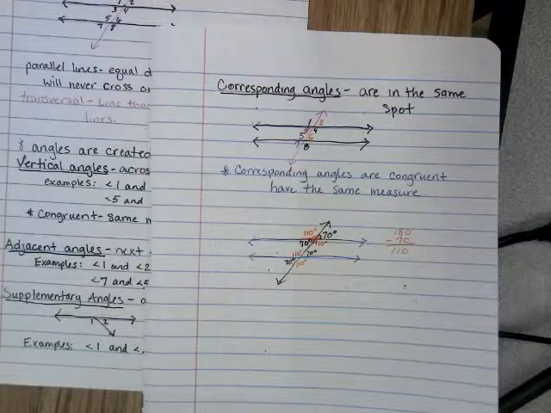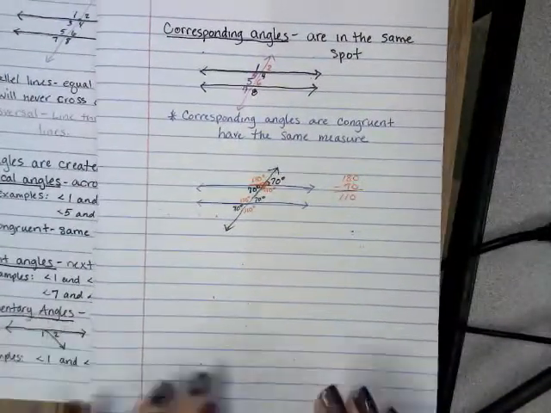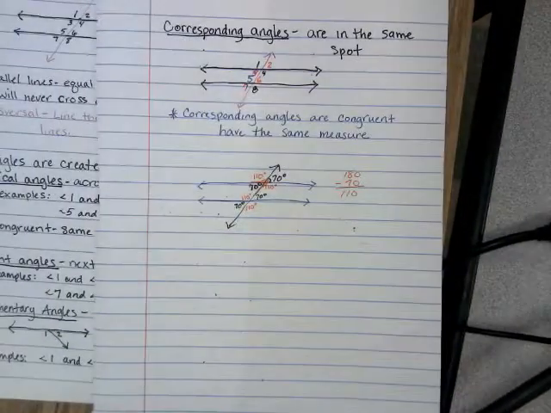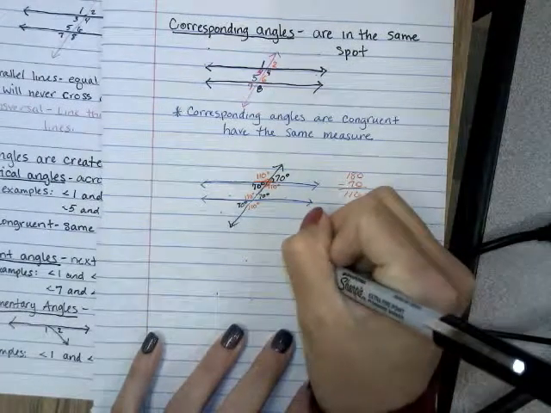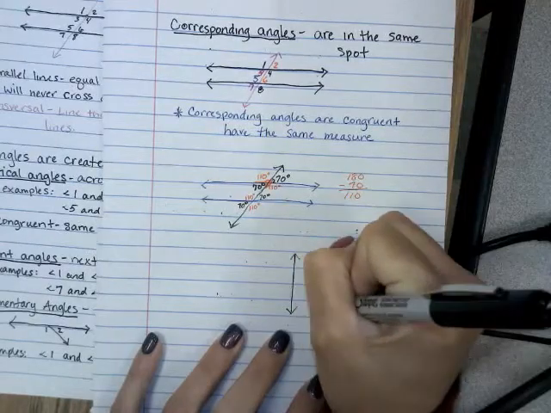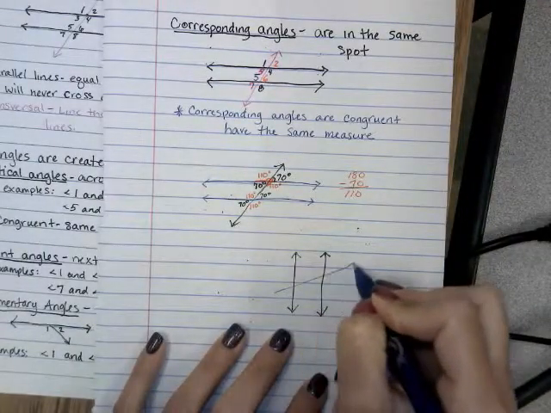Let's try one more. I'm going to change the orientation of my parallel lines just so we see it in another light. Let's have them go straight up and down, and we'll make our transversal go this way.